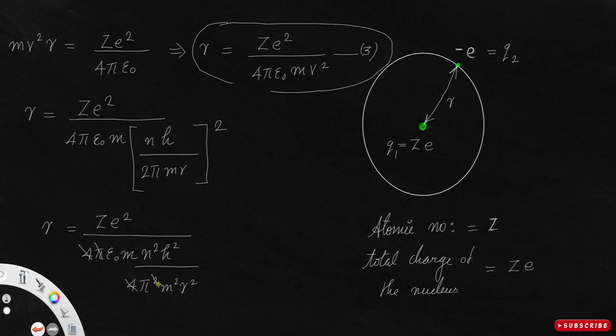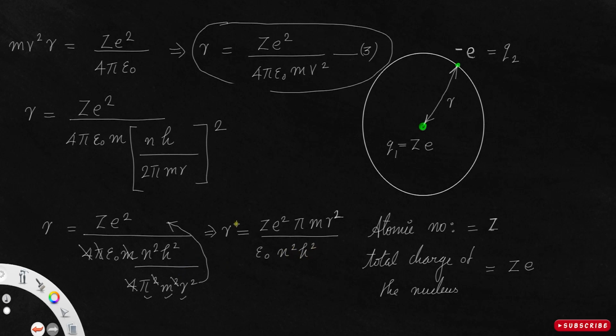One of the pi and one of the m will also get cancelled. So this will be r equal to z e square. See, the remaining pi, m and r square will move up. This will go to the numerator. So pi m r square divided by, here it will be epsilon 0 n square h square.